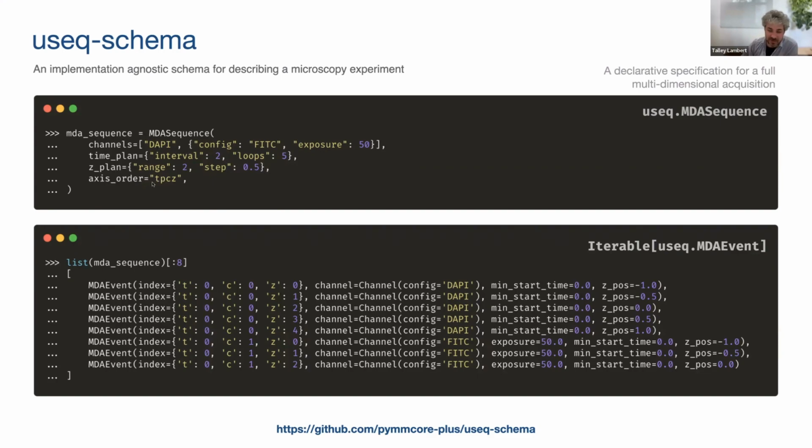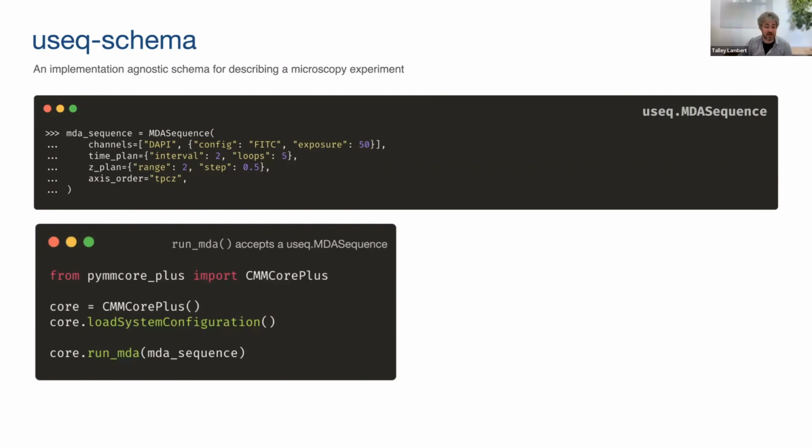And you can define an axis order to say what order you want the acquisition to go in. And the important bit here is that this object is itself an iterable of useq events. So if I call list on this object, and I'm just showing you the first 8 here, it actually pumps out a bunch of these events. And what that means is that we can pass that object directly to PyMM Core Plus's run MDA method.